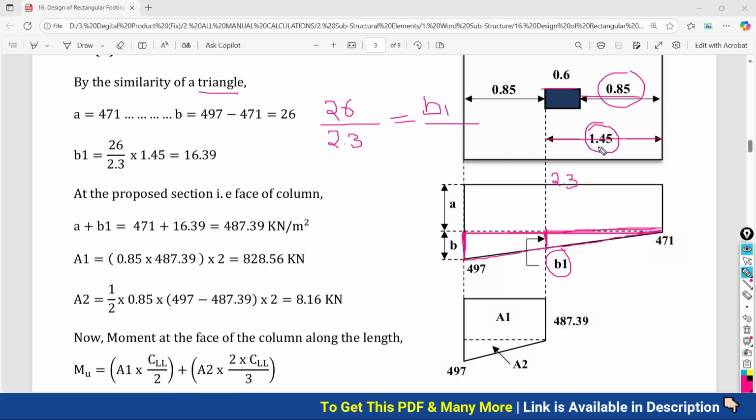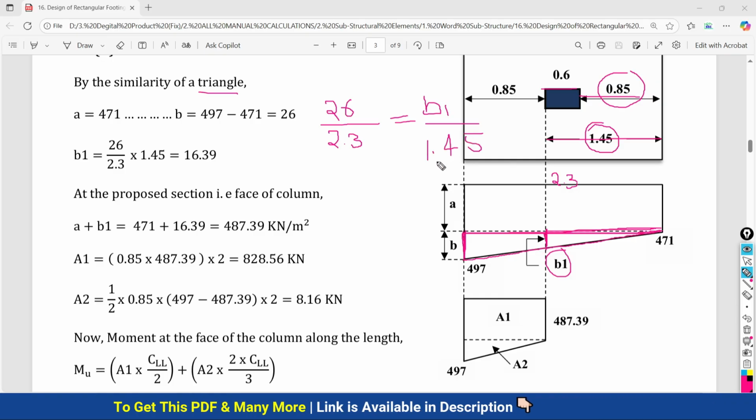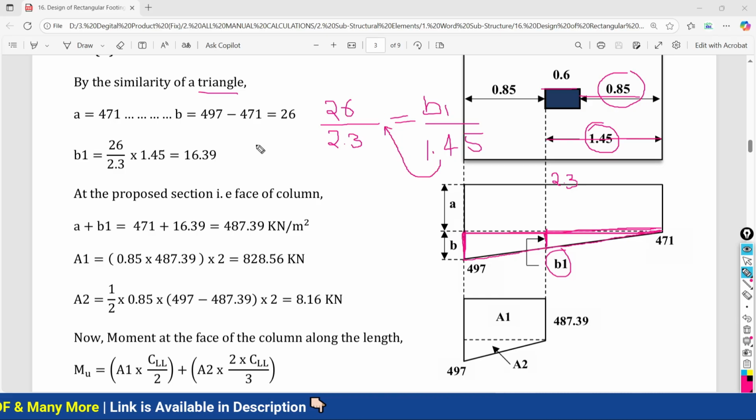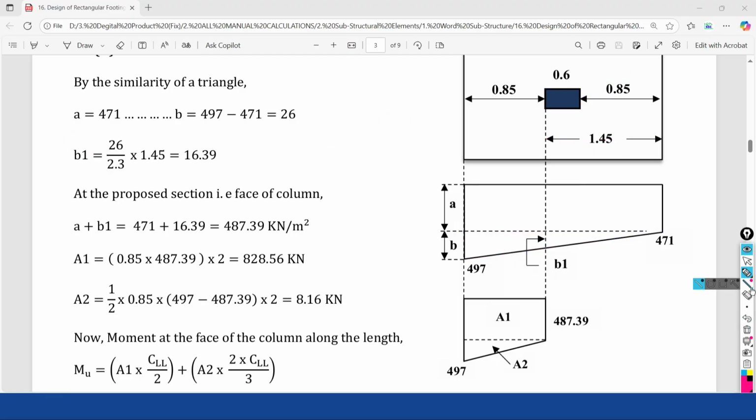So I put 1.45. Taking 1.45 to this side, in multiplication, you get this formula: B1 equals 26 divided by 2.3 multiplied by 1.45. And guys, after doing this calculation, you will get the value of B1 as 16.39.